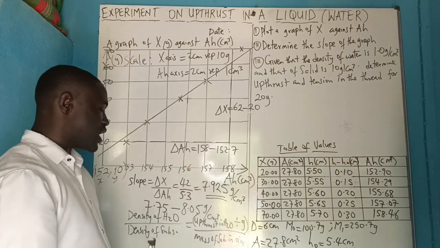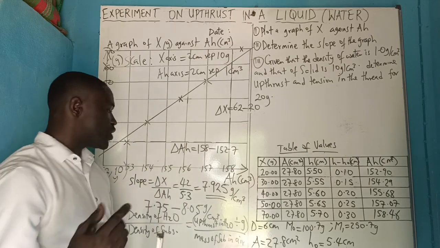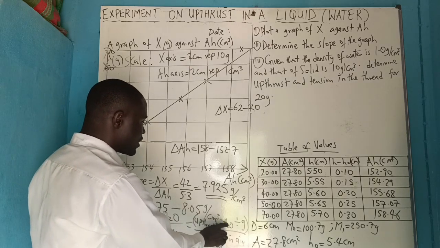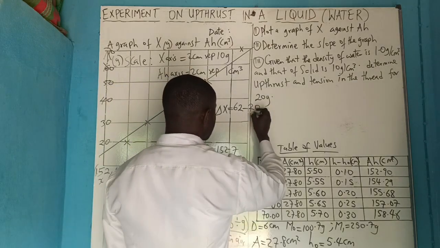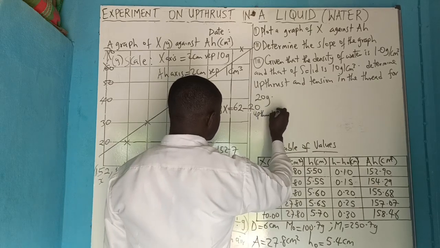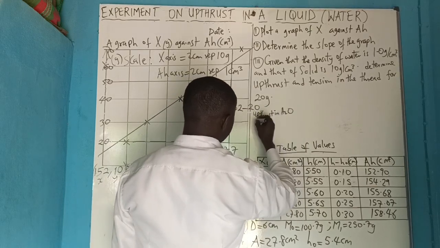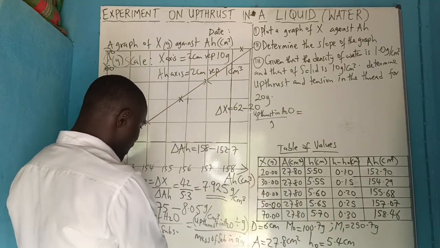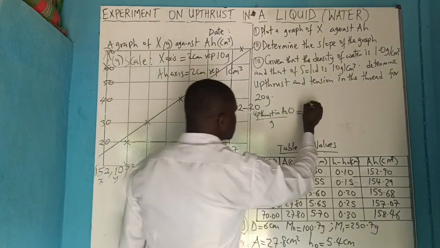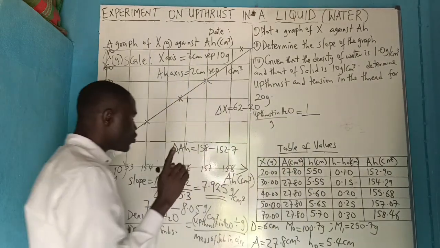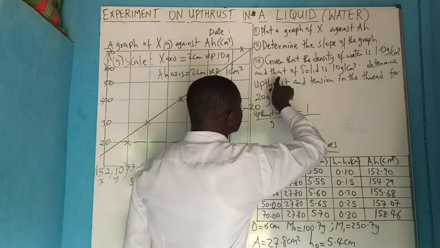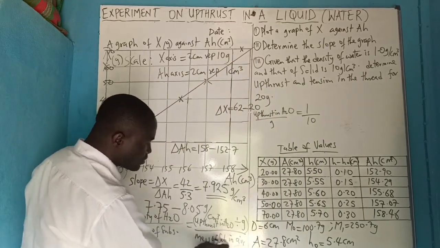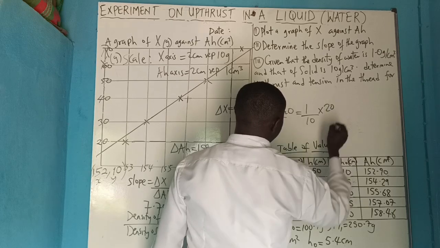Upthrust is a weight, and so divided by G, you get its mass. And so making upthrust in water divided by G the subject of the formula, we have that upthrust in water divided by G is equal to density of water, which is 1, over density of the substance, which is given to us to be 10, times mass of substance in air, 20 gram.